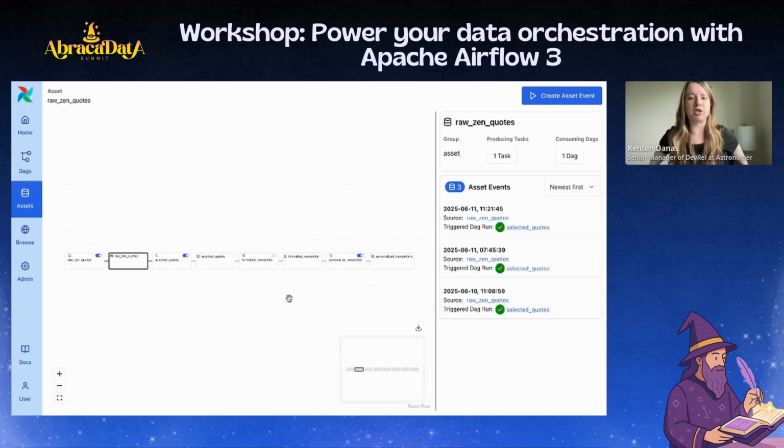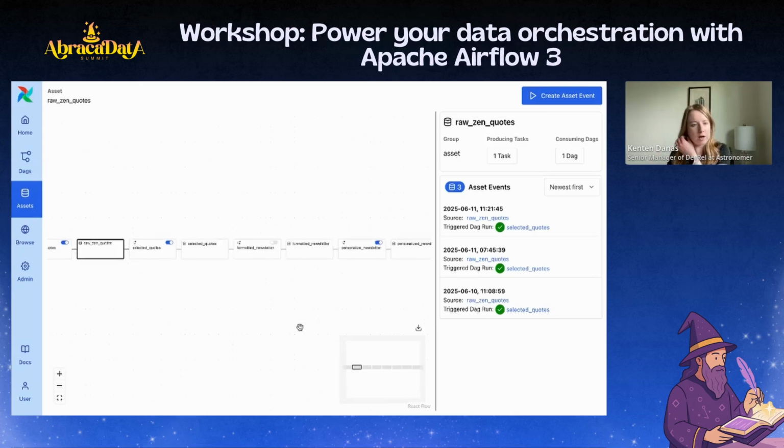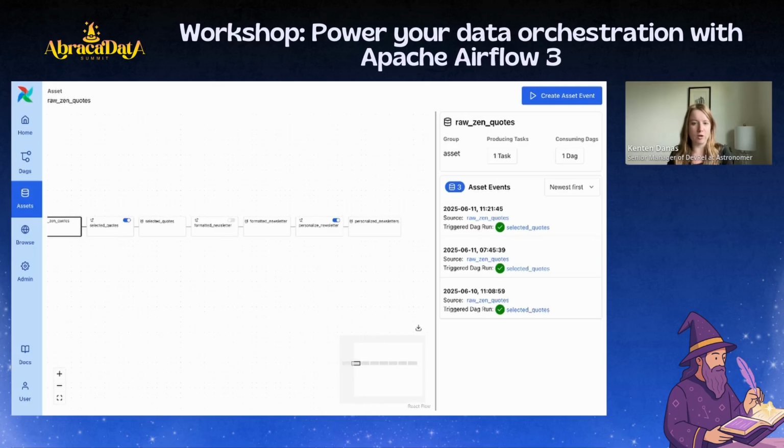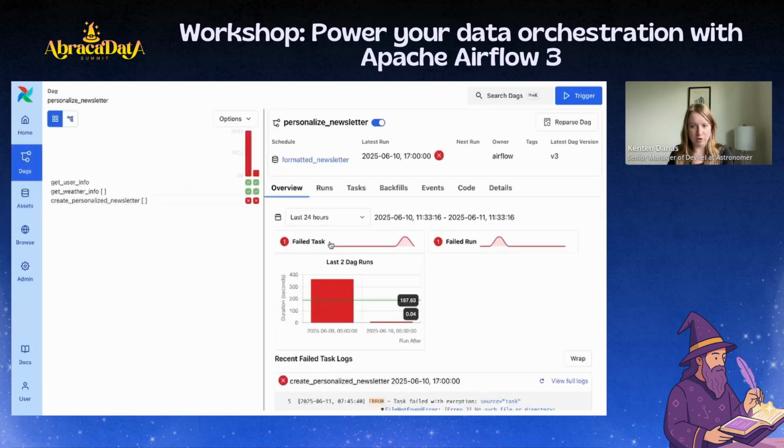Okay, I want to refresh this here to show you the updates. So again, now in our asset graph, you can see that this is all tied together. So our personalized newsletter, I have changed the schedule on this so that it runs only after the formatted newsletter has run. So you can see the updated schedule here.